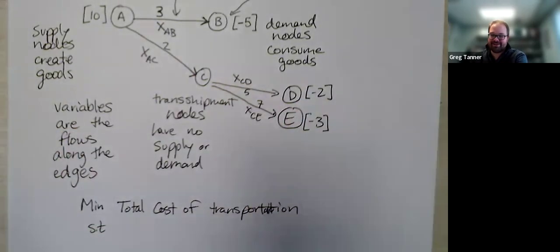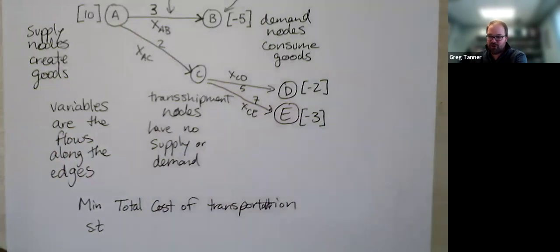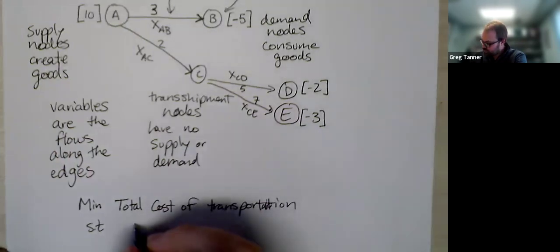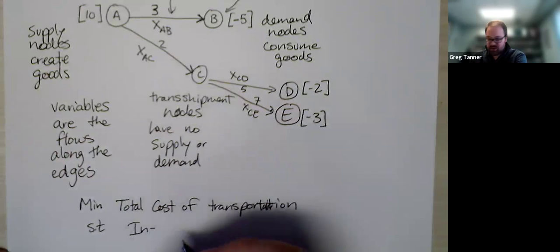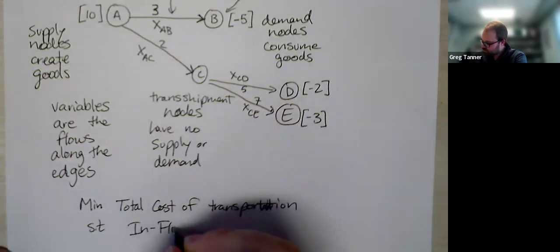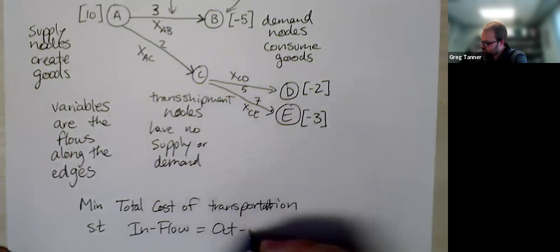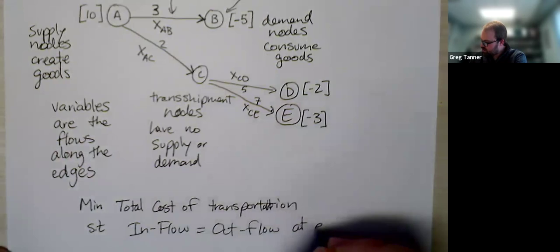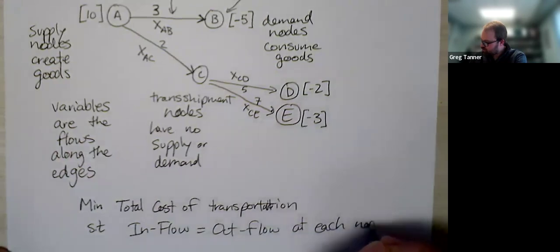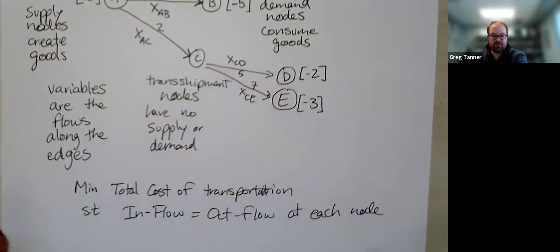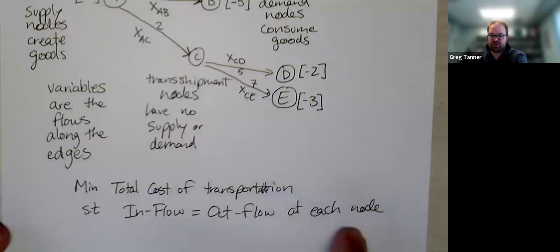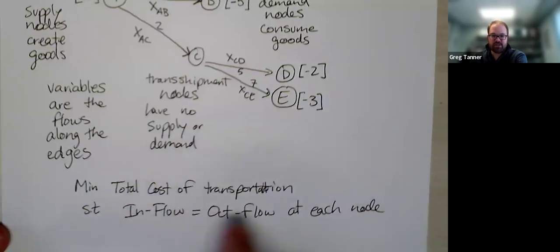And the main rule of a network is that inflow equals outflow at each node. So we'll have a bunch of constraints, one constraint for each node that enforces what comes in goes out.